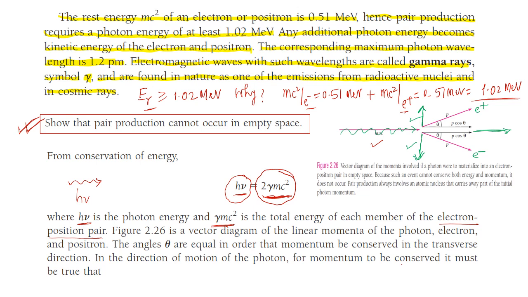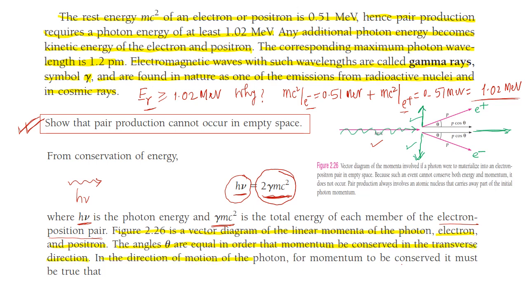Figure 2.6 is a vector diagram of the linear momentum of the photon, electron, and positron. The angles theta are equal in order that momentum be conserved in the transverse direction.